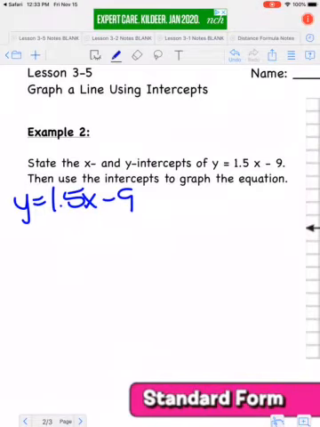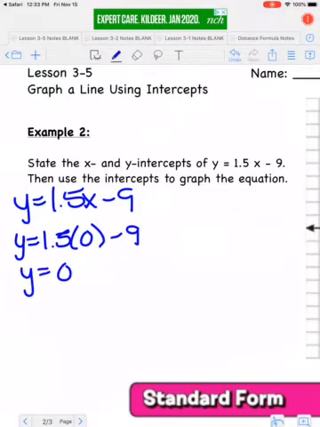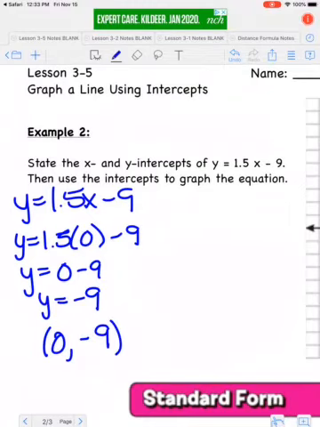So I'm going to plug in 0 for our x. So we have y is equal to 1.5 times 0 minus 9. So y is equal to 0 minus 9. So y is going to equal negative 9. So our coordinate for our y-intercept is 0, negative 9.